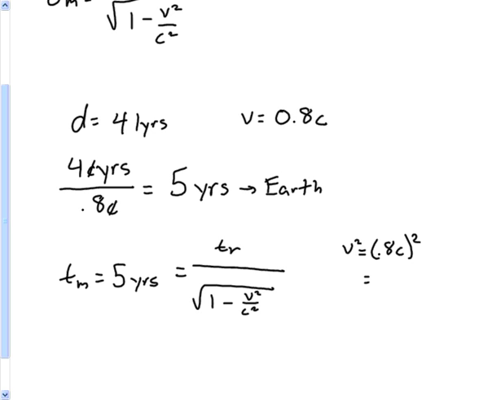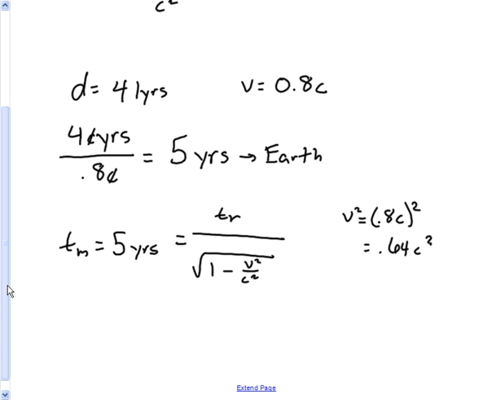Just like in class, this equals 0.64c squared, and we can use that in our new formula. Next step, we take the radical and put it over here. So we get 5 times the square root of 1 minus 0.64c squared over c squared, which equals t at rest.